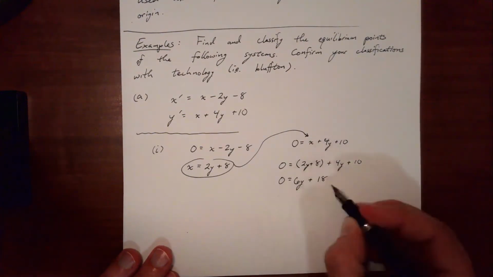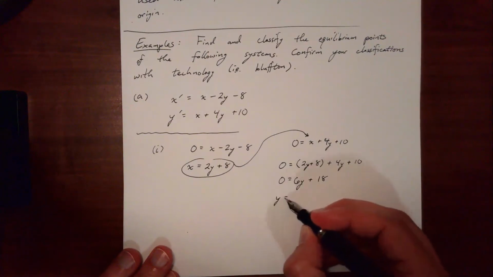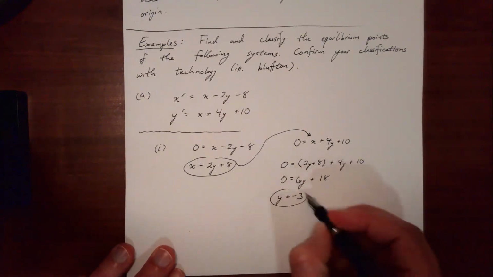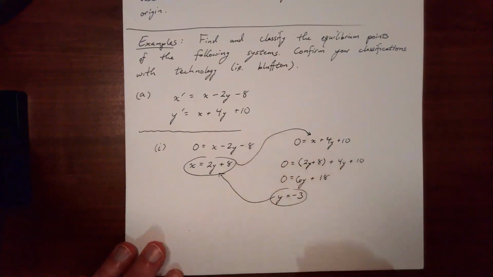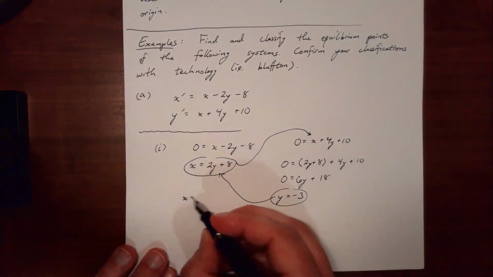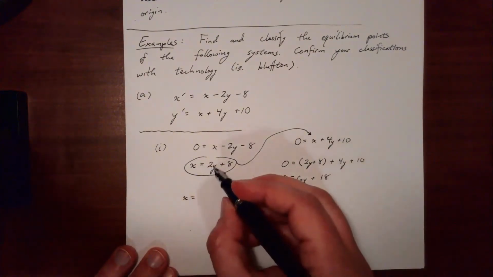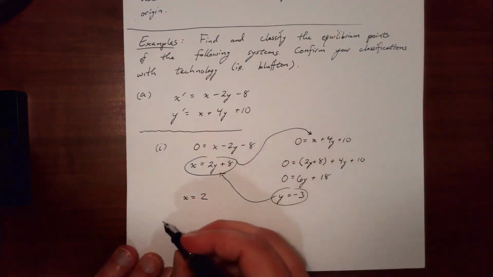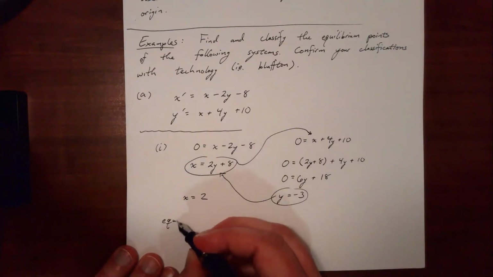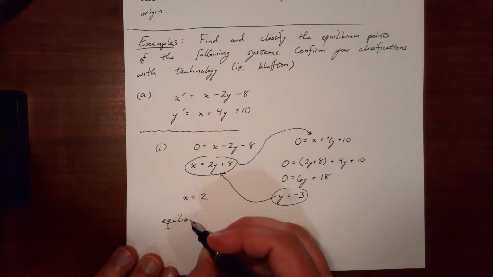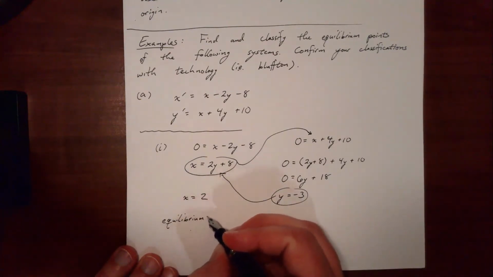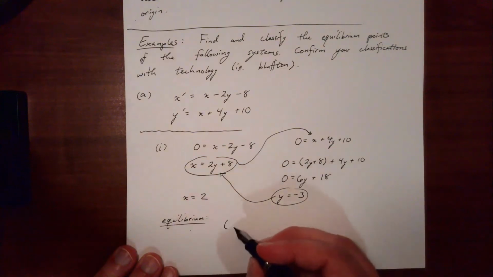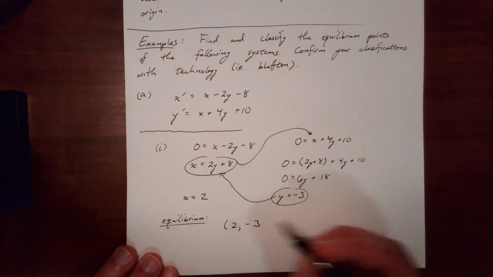Then y equals negative 3. Plugging that back up here, x equals negative 6 plus 8, which is 2. So there's only one equilibrium, and that's at (2, negative 3).